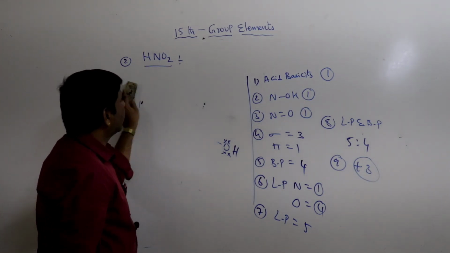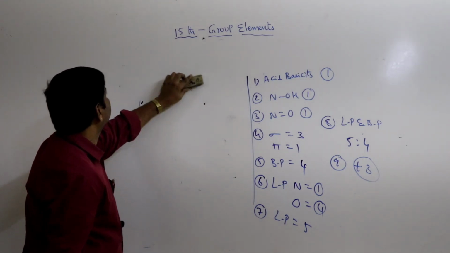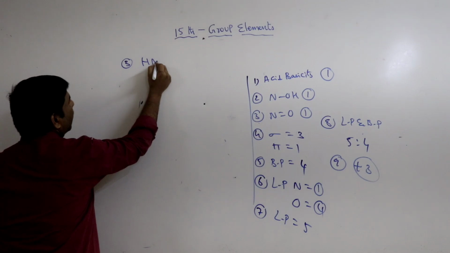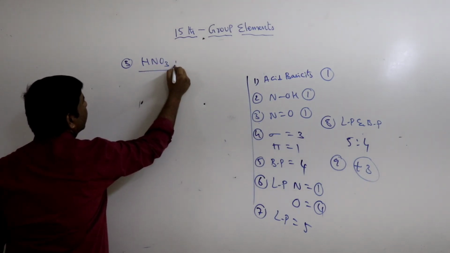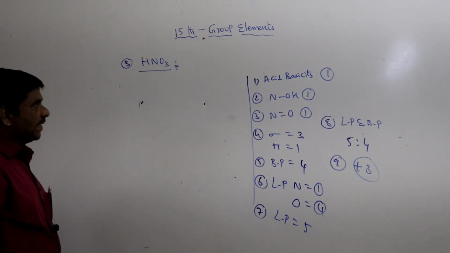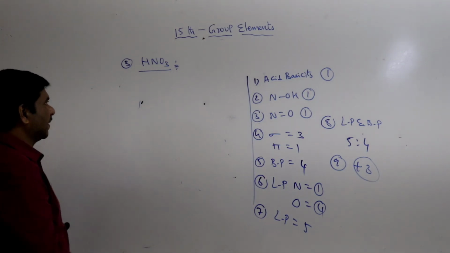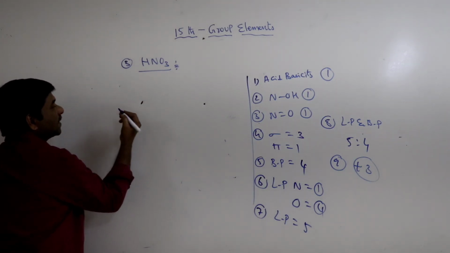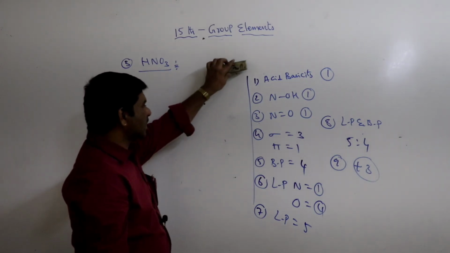Next one is nitric acid. The third property is nitric acid, HNO3. Nitric acid is called HNO3. HNO3 has resonance structures.